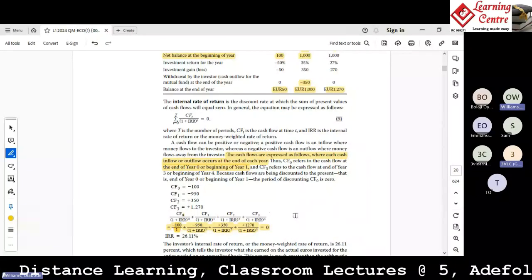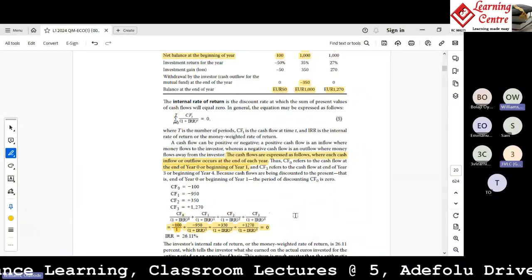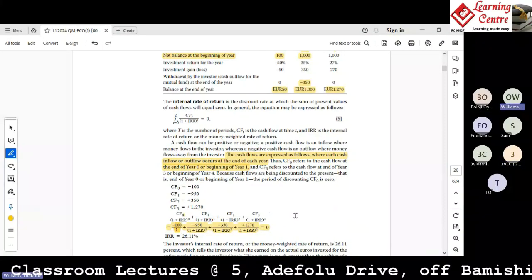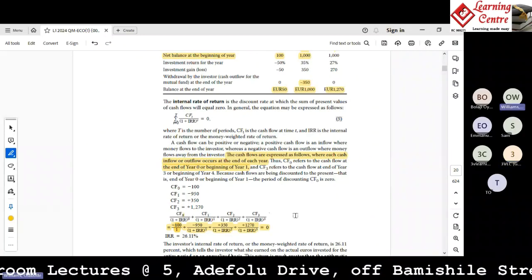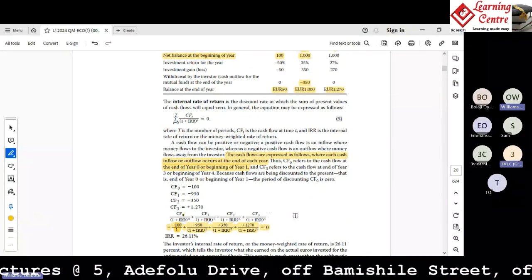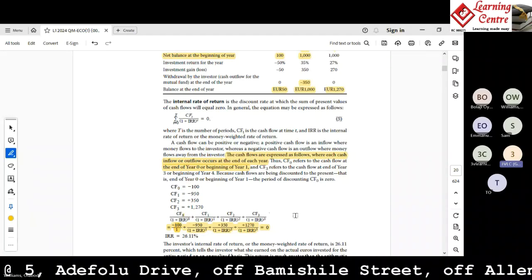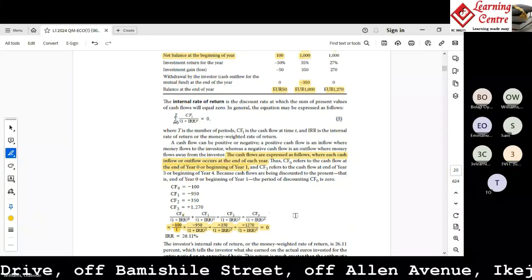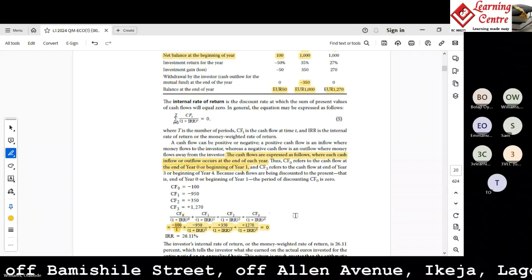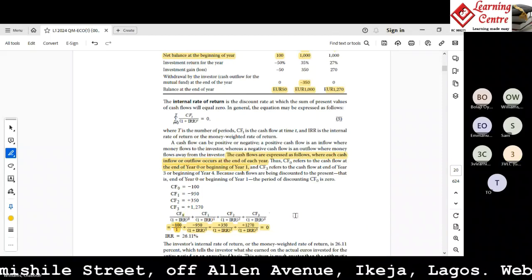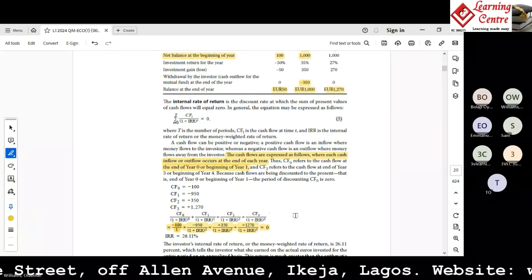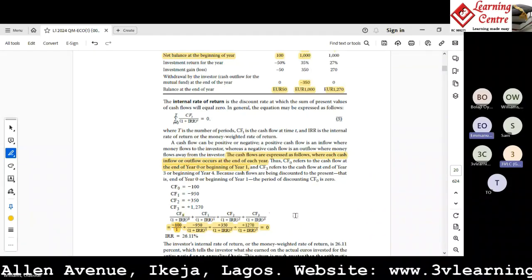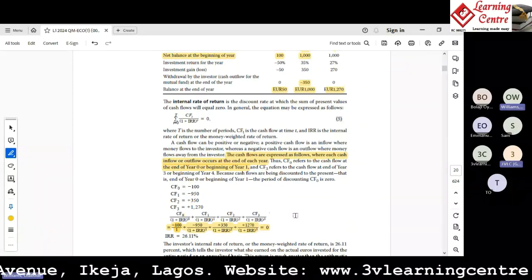Then 1.30 raised to power 3, multiply the inverse by 1,270. What did you get? 578.06.